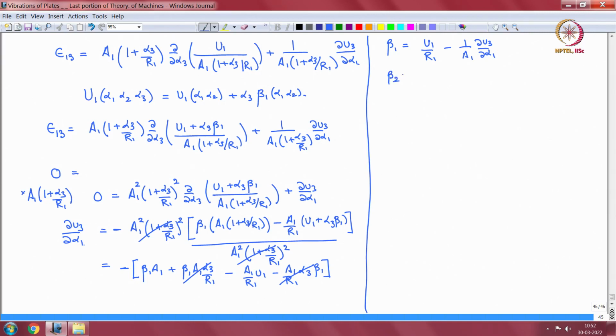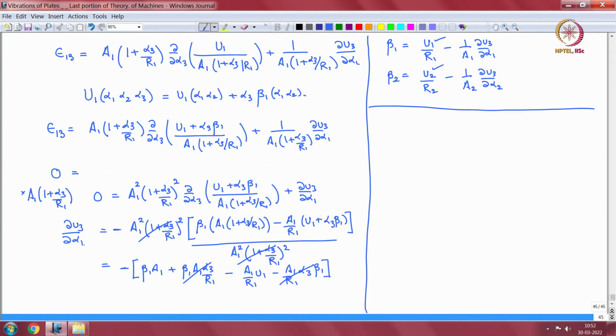Similarly, beta 2 will be U2 by R2, this is small u1, small u2, minus 1 by A2 del U3 by del alpha 2.